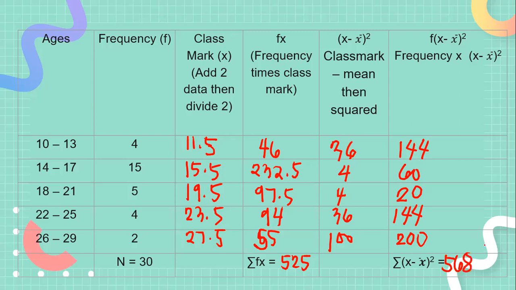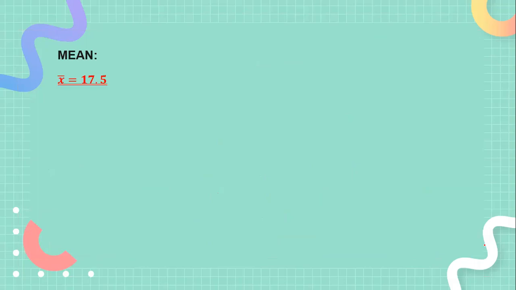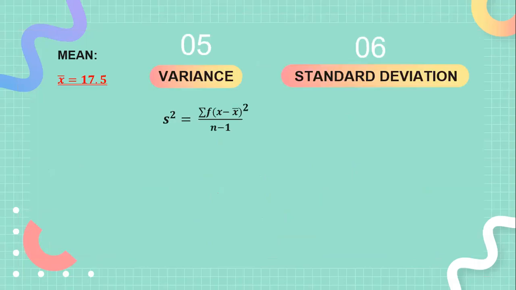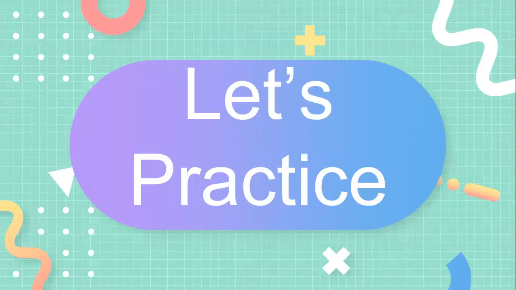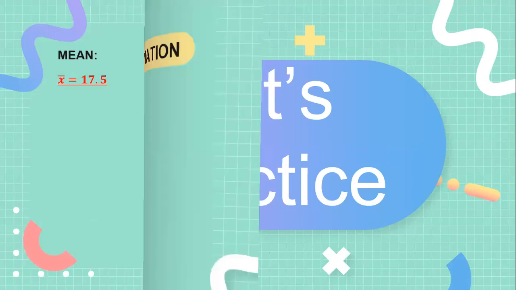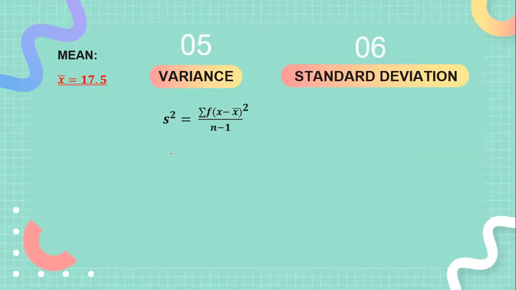Now let's proceed to our next slide. So we have here our mean, then our variance. Right. Here. Let's substitute now, class, no? So what is our summation f quantity x minus mean squared?